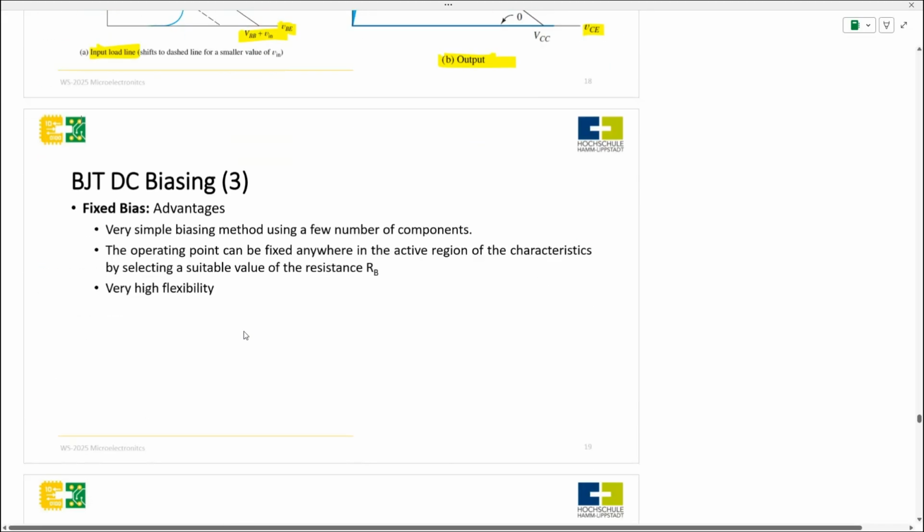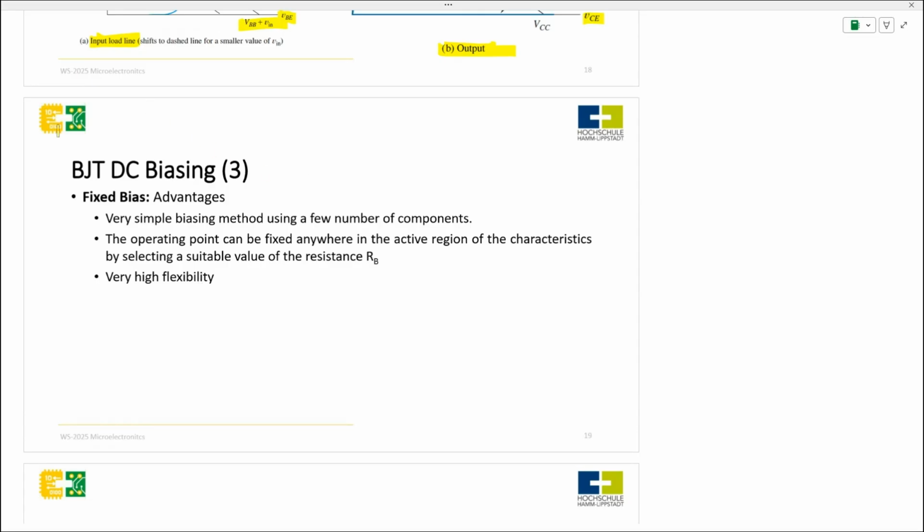Okay, let's continue. So our BJT DC biasing, the fixed biasing, has some advantages. What are those advantages? We have a very simple biasing method using a small number of components.